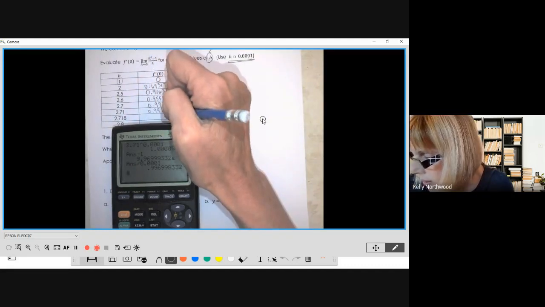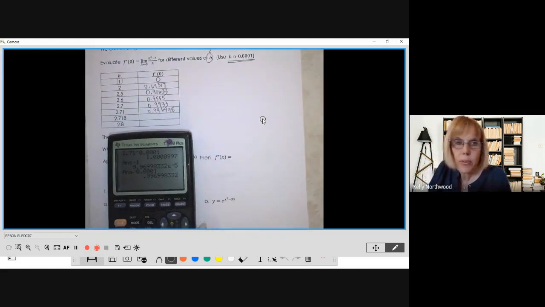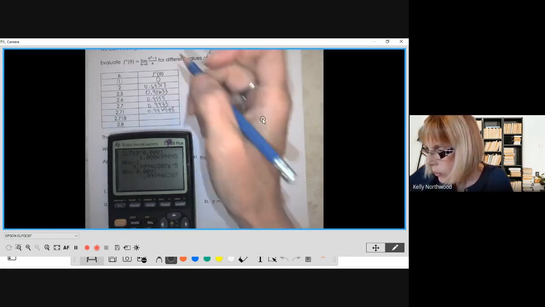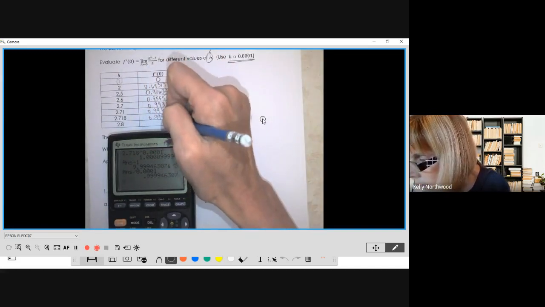Very close to 1. 2.718 to the exponent 0.0001 minus 1 divided by 0.0001, 0.999946.